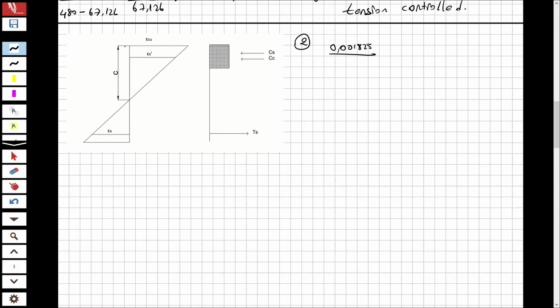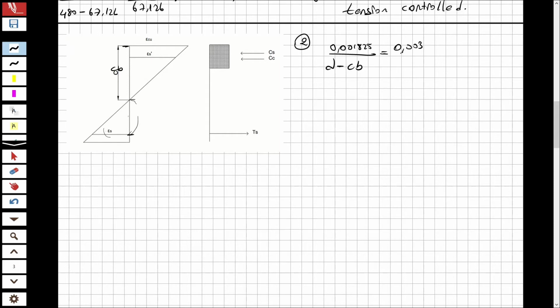What is d? d is the total length from here to until that point. d minus cb, this is cb. Now I'm trying to find this length because I'm going to take epsilon s over this length and epsilon cu over this length.